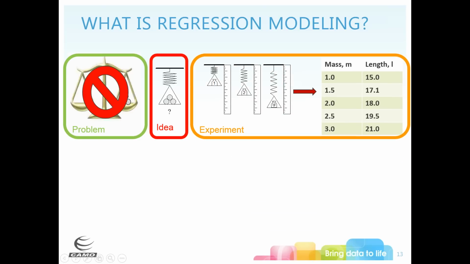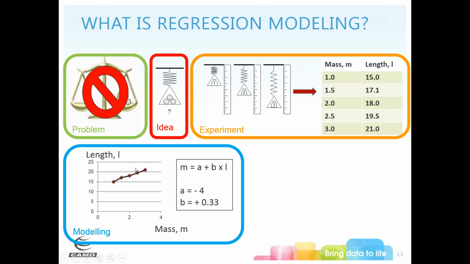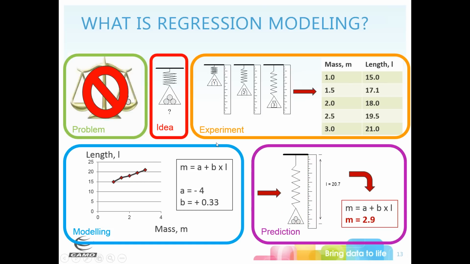So if you take an experiment and you design it and you take different weights, known weights, and measure how far the spring is expanding, then you can create a regression model like this, and from the equation you can determine what an unknown weight is. So there's 3 steps. You have your experiment, you have your modeling, and then your prediction.